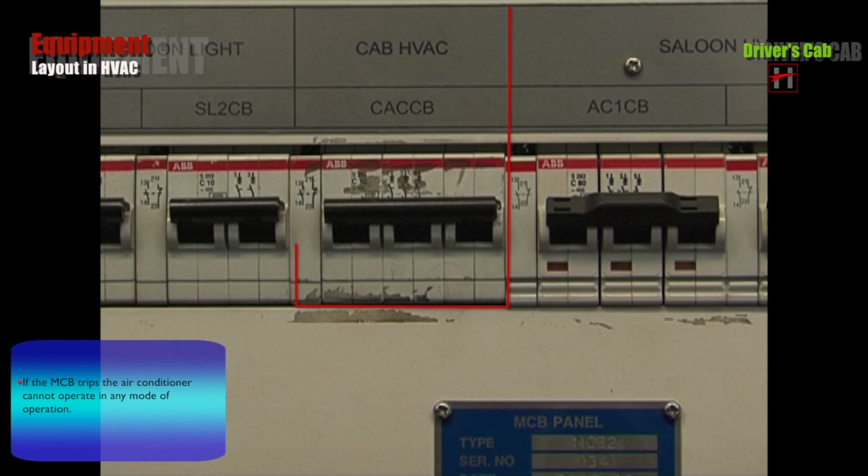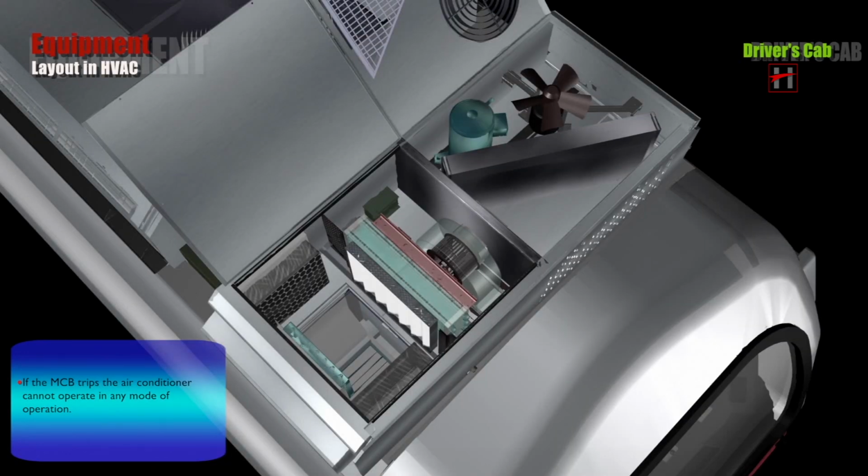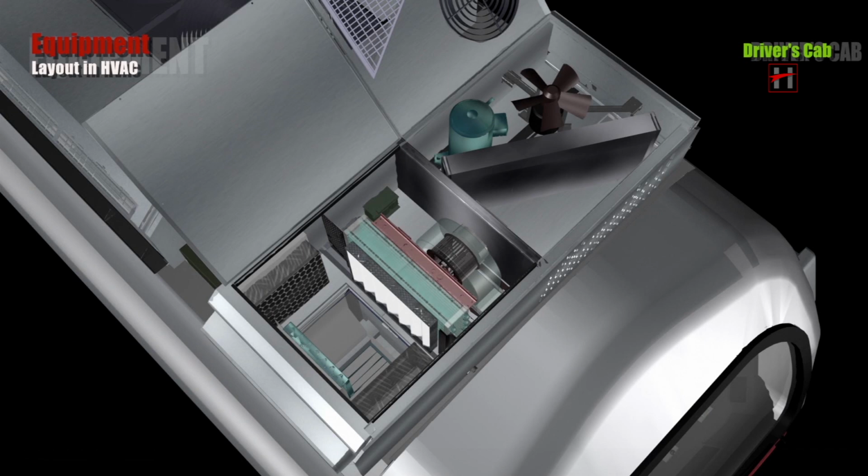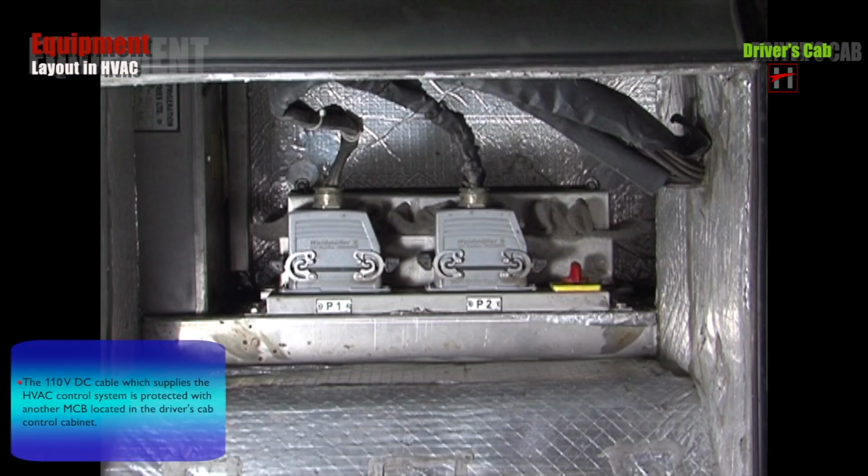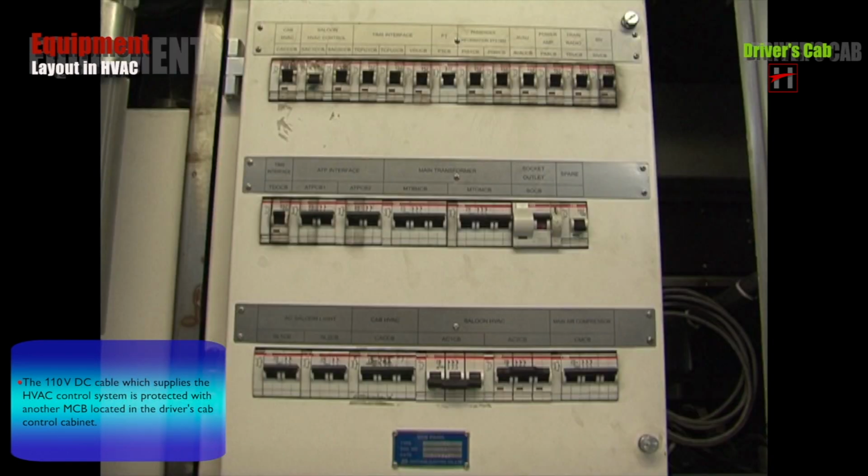If the MCB trips, the air conditioner cannot operate in any mode of operation. But note that in this situation, the air conditioner will not signal any fault to the TIMS because all its systems and components are healthy. The 110-volt DC cable which supplies the HVAC control system is protected with another MCB located in the driver's cab control cabinet.